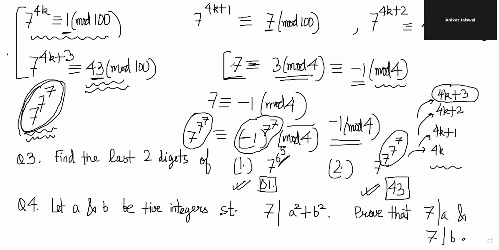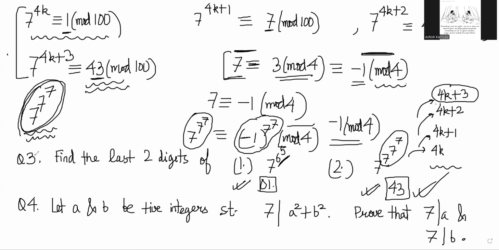Because we can subtract 4 or multiples of 4 from anything when you do mod 4, right? Is it obvious that 7 is congruent to minus 1 mod 4? Yes, sir. So after that, it is raising it to the power k. It is obvious why it is minus 1 mod 4, and 4k plus 3, and remainder is 43.